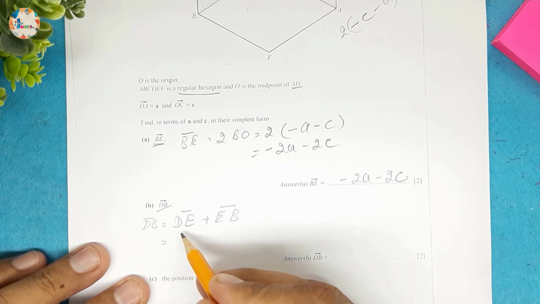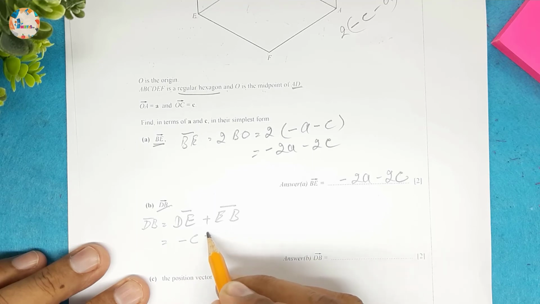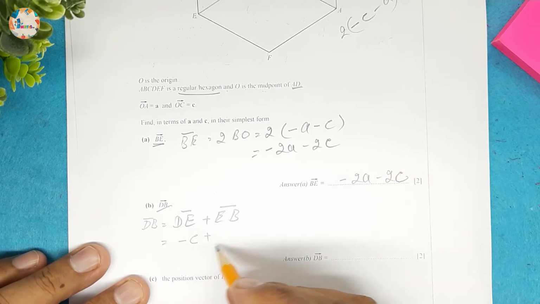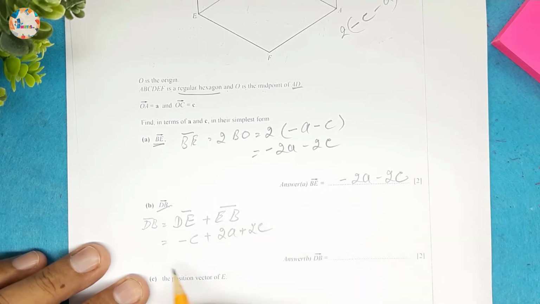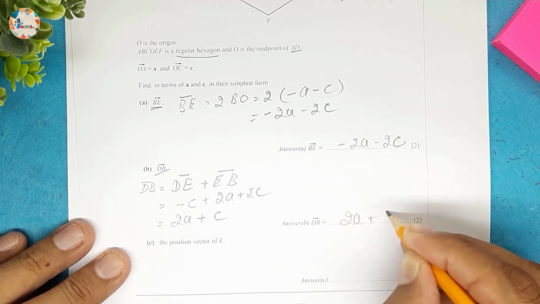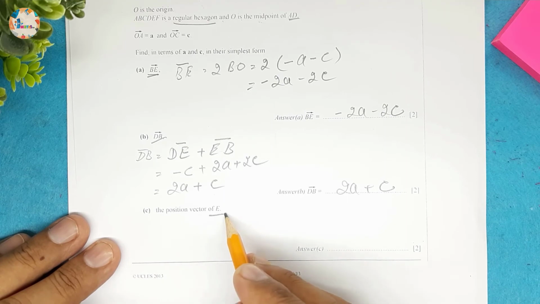So DE is basically minus C, and this will be plus EB, which is the negative of this one, so 2A plus 2C, and now we can simplify. This will be 2A plus C. So this will be our final answer for this, 2A plus C. Hopefully you got this.